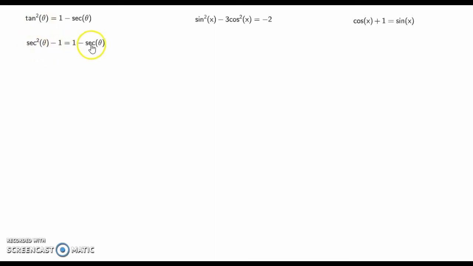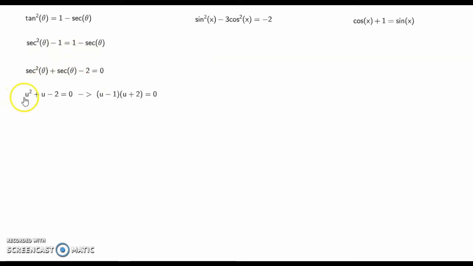And now this is all in terms of secant or some number. Now I'm going to rearrange, moving everything to the left side. So here we have our rearranged function. We have secant squared theta plus secant theta minus 2 equals 0. Now, you may notice at this point that this is in the form of a quadratic.